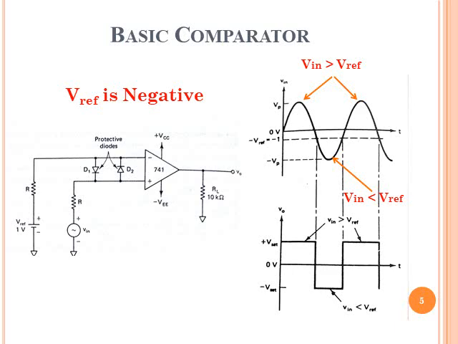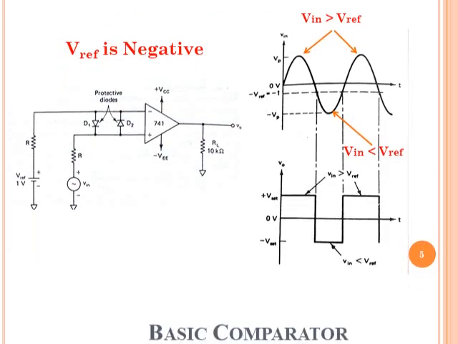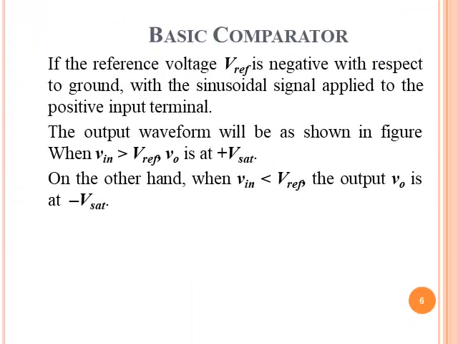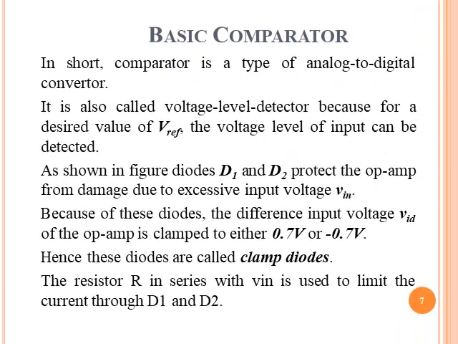If the reference voltage is made equal to 0, the positive pulse width and negative pulse width will be equal, and that is the special case of the basic comparator. This is the discussion for negative reference voltage. This is all about the comparator.